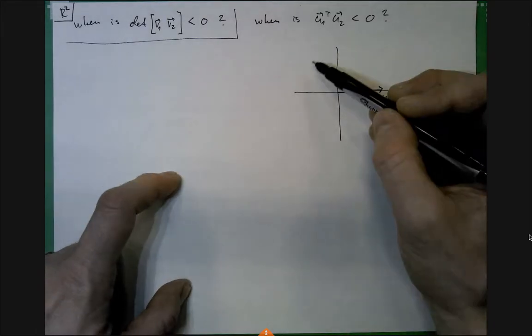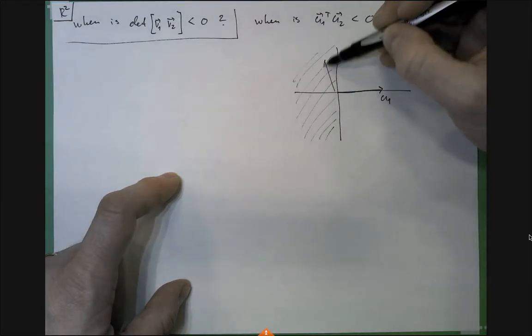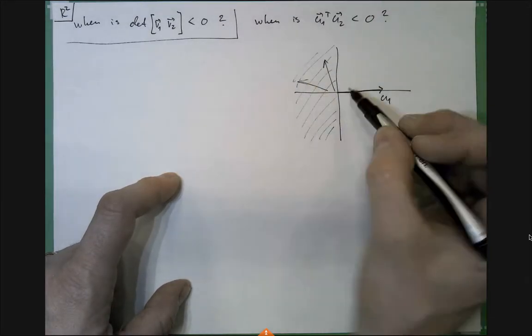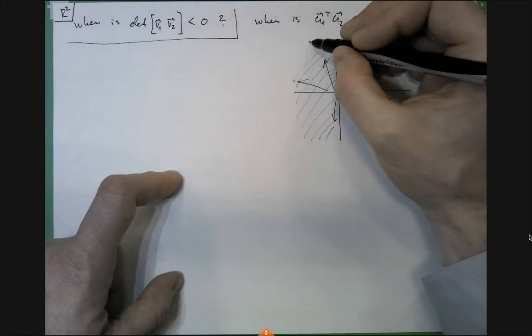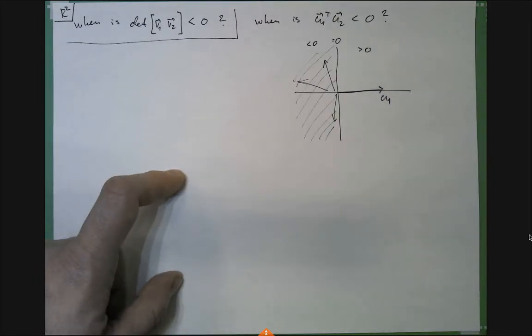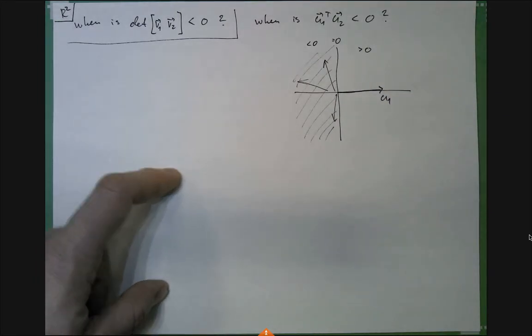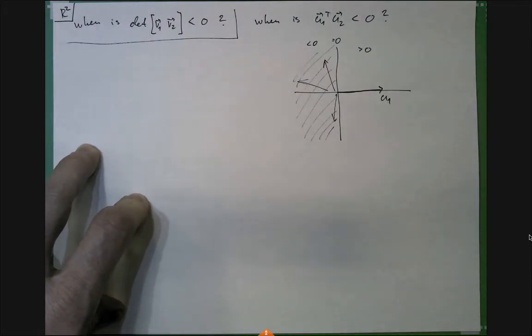Pointing to the left, right? Exactly here, if my u2 goes anywhere in this half space, I get a negative dot product, right? So here is negative. On this line, they are exactly orthogonal, right? Here is positive, right? Now, everybody, I hope, understands this.